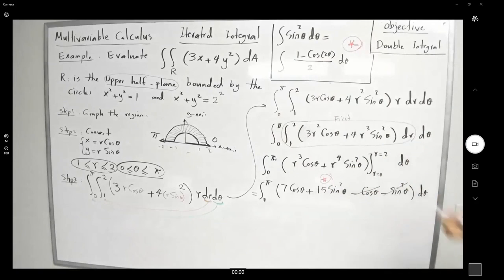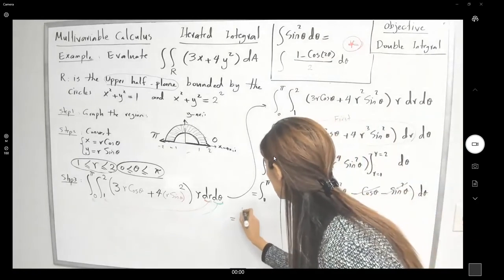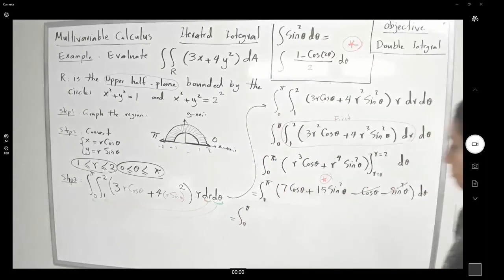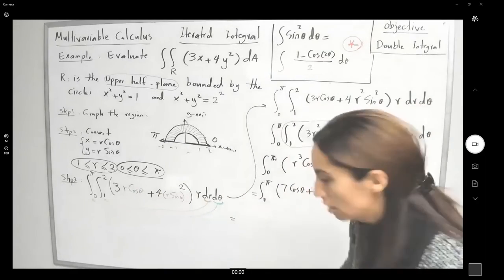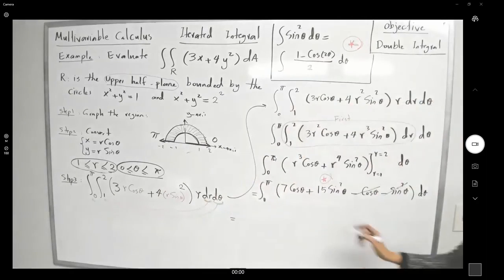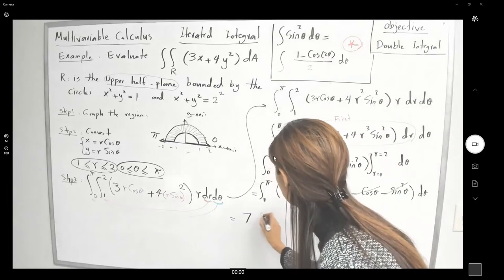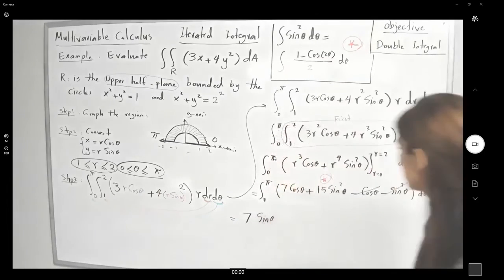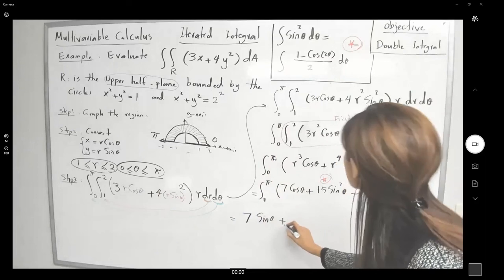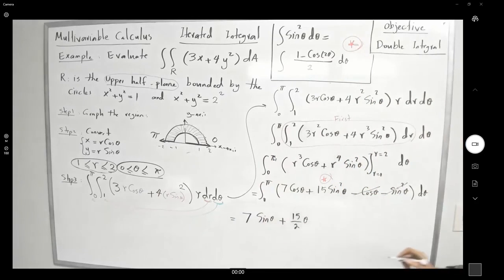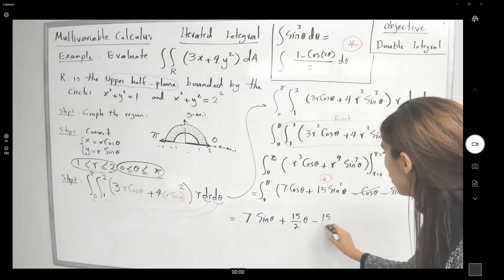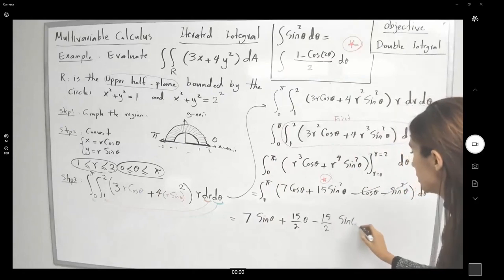Okay, so this guy is equal to integral 0 to pi. So the first integral is not very hard. Let's just write this guy down. Here we have 7 sine theta, and here we get plus 15 divided by 2 theta, and here we have minus 15 divided by 2 sine 2 theta divided by 2.